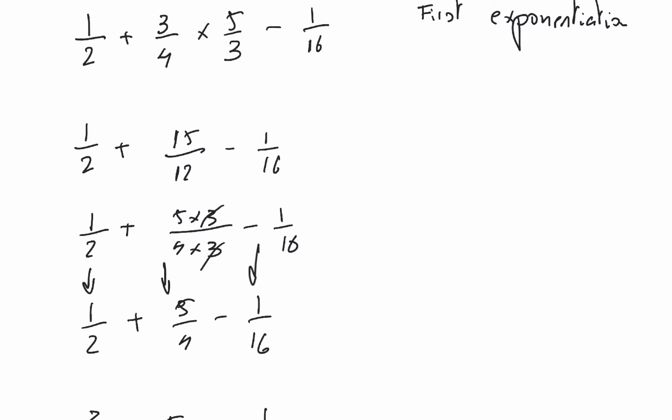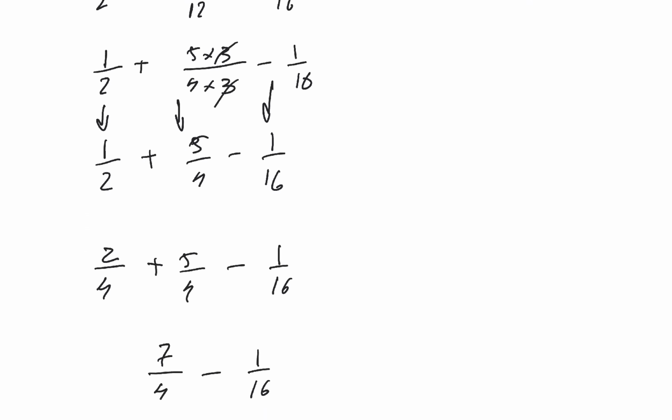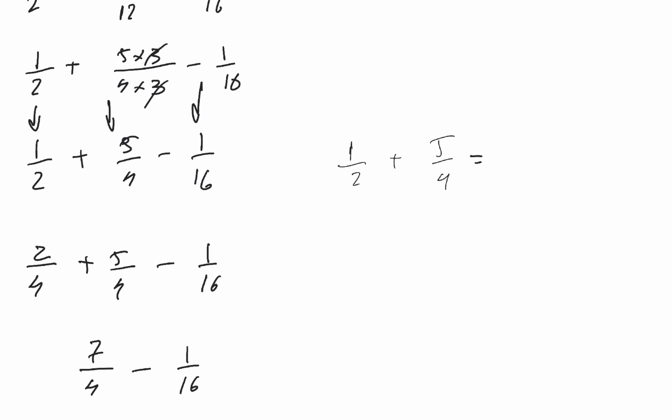Now I need to add two fractions and subtract another fraction. But to add and subtract, the denominators need to be the same. So how will I add these two fractions, 1/2 plus 5/4? To write the two fractions, I need the same denominator.